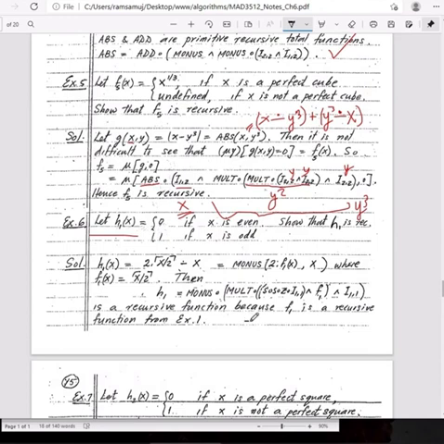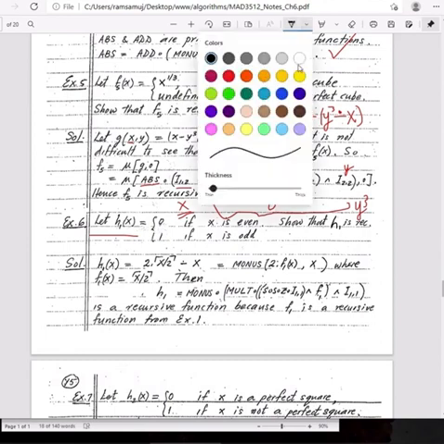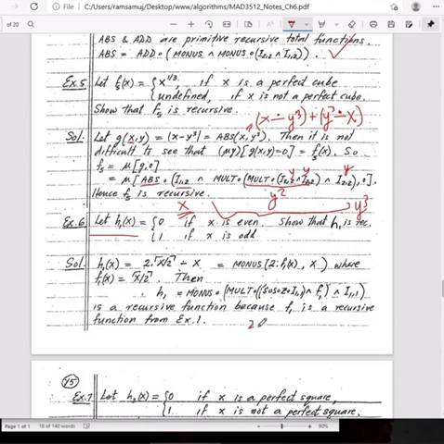Suppose x was 7. I need red because this is adding. So let's try 2 times 7 over 2, and then you subtract the 7.